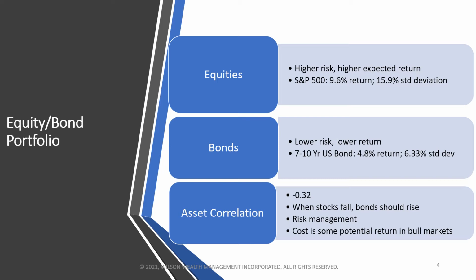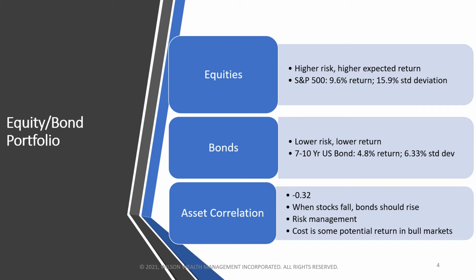So if I'm 25 years old or 30 years old, why do I want any bonds in my portfolio? Well, maybe you don't. Maybe at that age, 100% equities is fine. But a lot of people, even at that age, might want 80% equities, 20% bonds, 75% equities, 25% bonds.